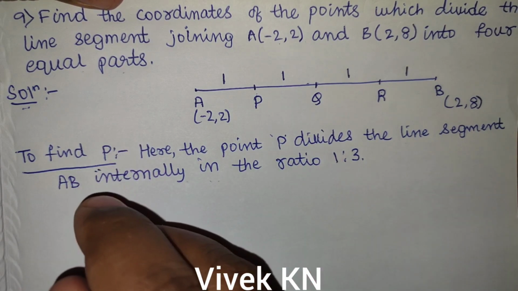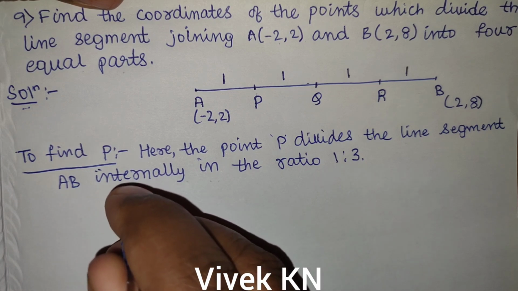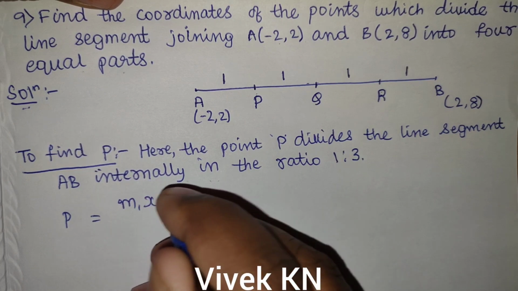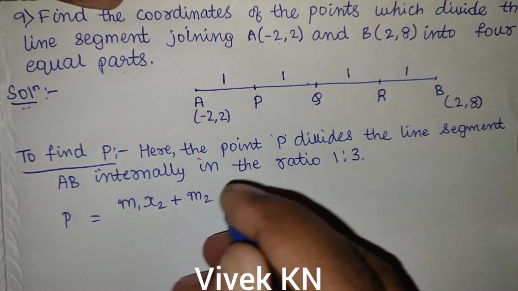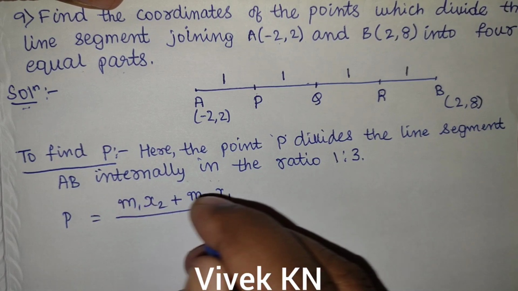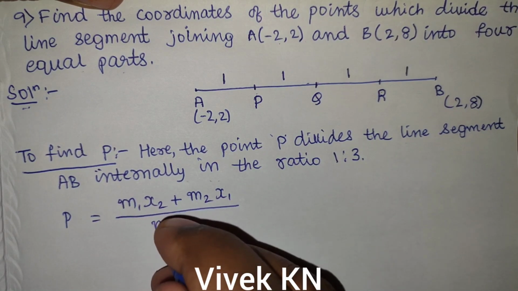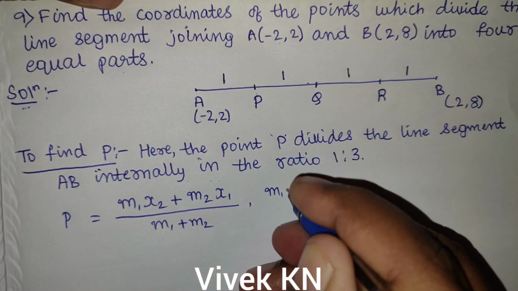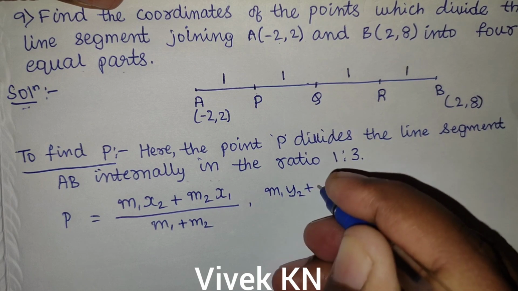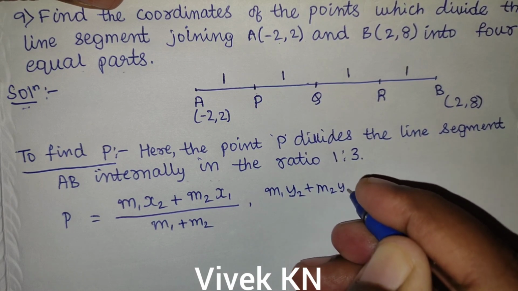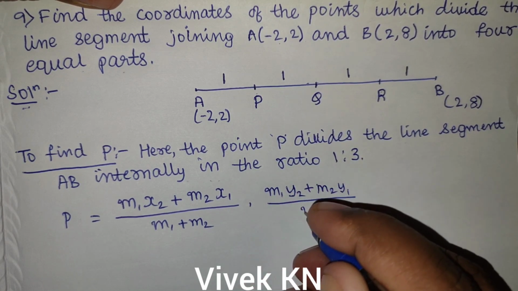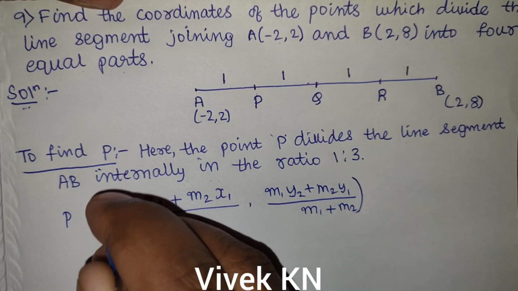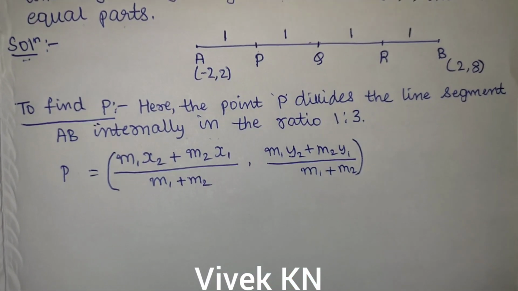So section formula is given by P is equal to (m1x2 plus m2x1) divided by (m1 plus m2), comma, (m1y2 plus m2y1) divided by (m1 plus m2). This is the section formula.